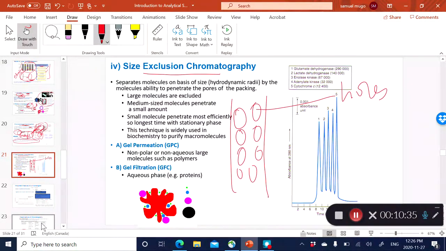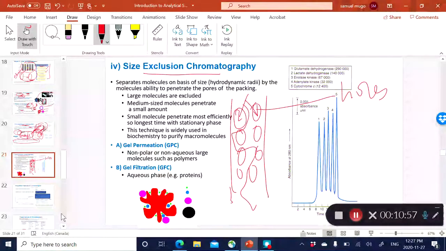And the analytes that are too big do not get inside the bead, and instead, they just simply random walk through the tube and elute. All right. Whereas on the other hand, analytes that are small penetrate the beads, and so based on their size, they are retained very strongly.